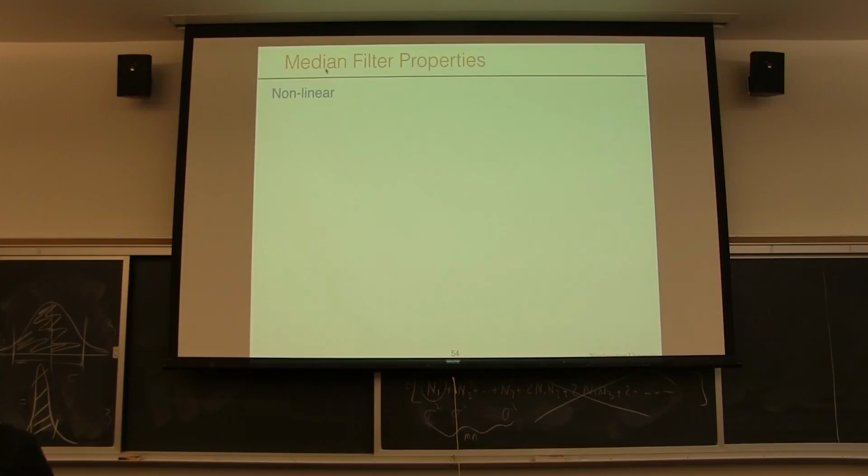It's not so easy to combine filters together into a big filter that does the whole job in one shot. In this case, it's also more expensive to compute because I have to sort the numbers. The good thing though is that it doesn't spread the noise. It can remove spikes, but the downside is it's expensive to run.